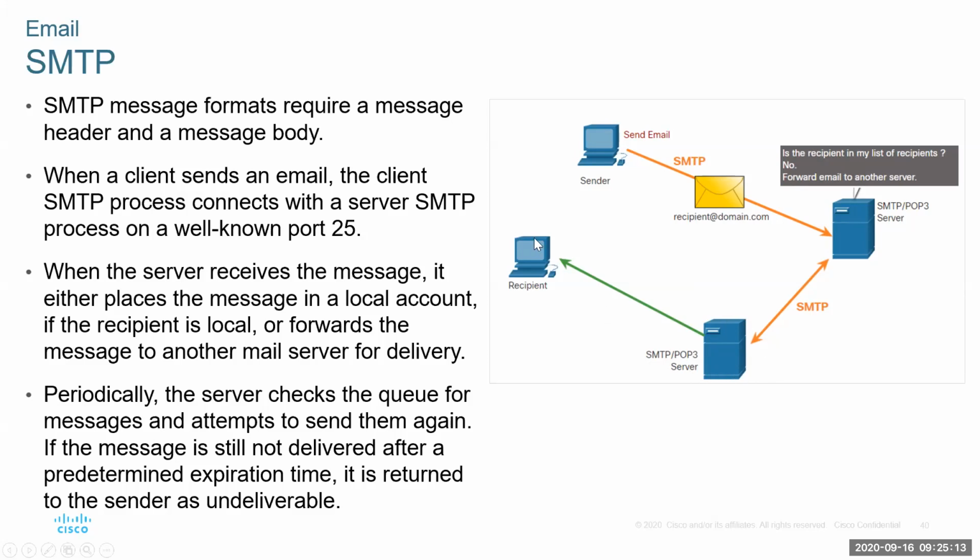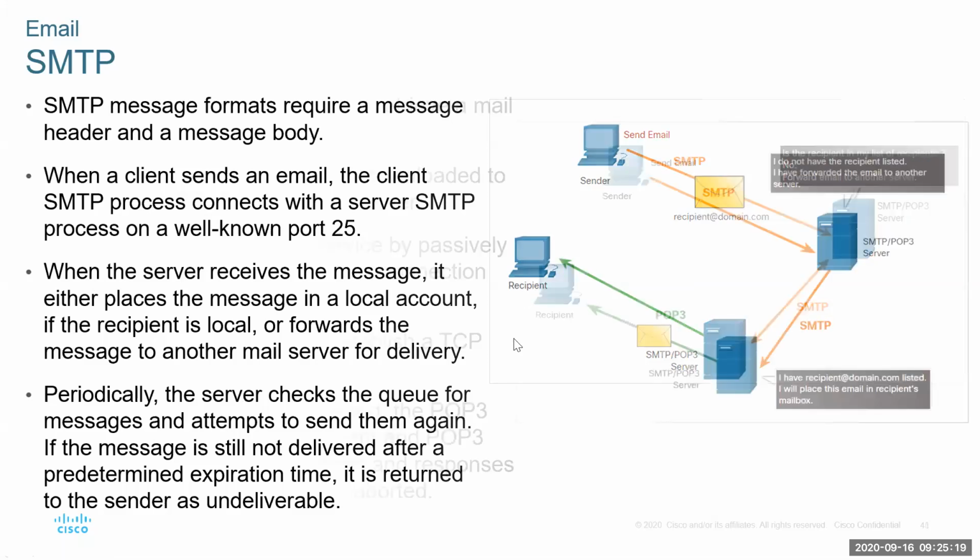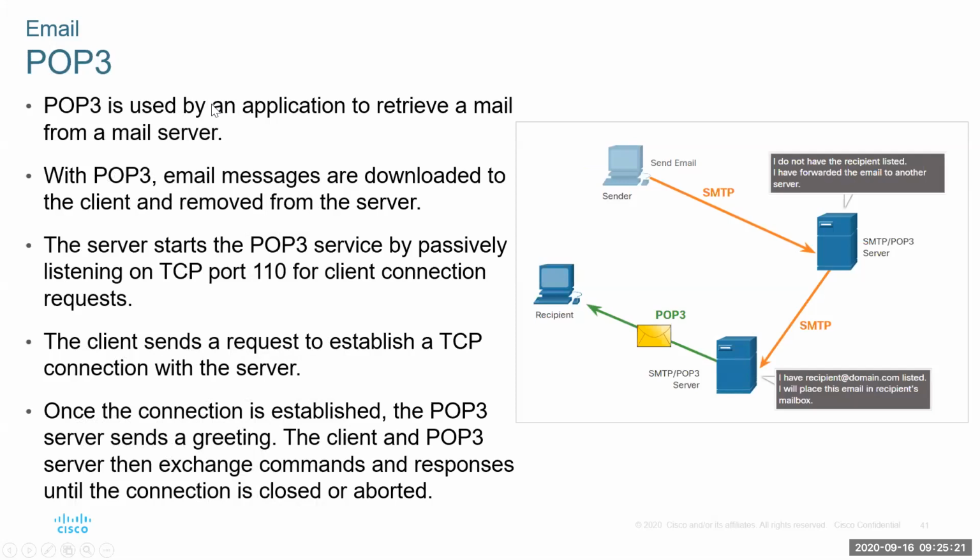And then a recipient is going to use POP3 in order to download that from the server. So you see POP3 here. That's how that message is going to get from here and on to the recipient's box. POP3 runs over port 110. So if you see port 110 open, you more than likely have an email client out there listening.